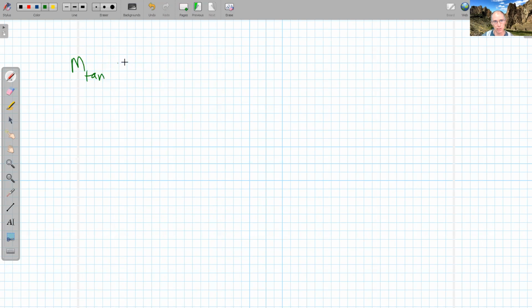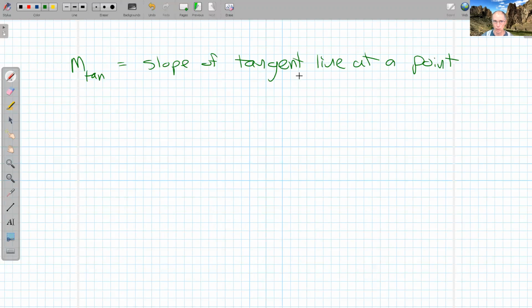So m tangent, slope of tangent line at a point. And tangent line means at that point, the slope matches the curve.